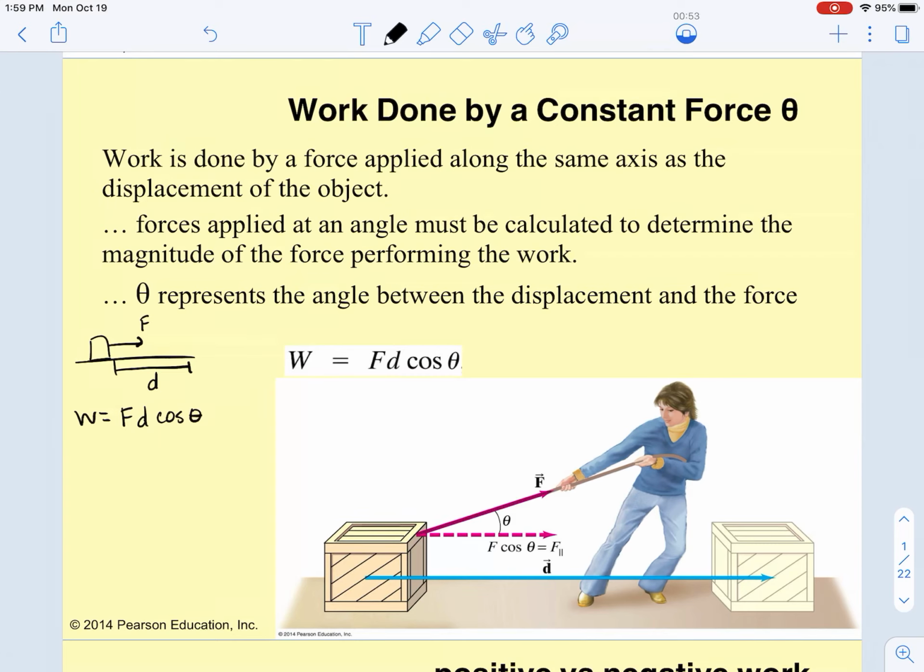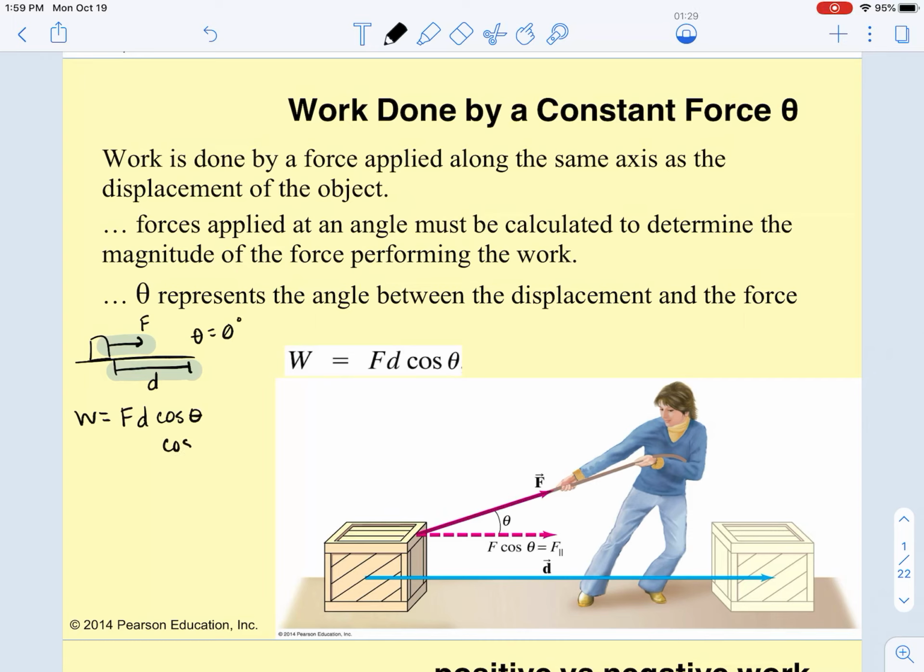Now the formula says times the cosine of theta, and so at that time we discussed how the angle in this case would be an angle of 0 degrees because the force is in the horizontal axis. It is perfectly to the right in this example. The displacement is also in the horizontal axis, perfectly to the right, and so the angle between these two vectors came out to be an angle of 0 degrees. There was no angle to be measured. They were exactly the same direction.